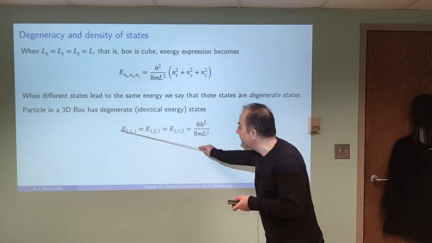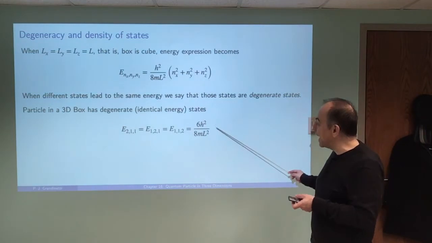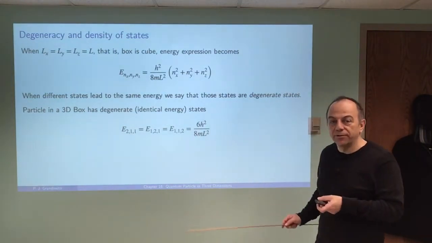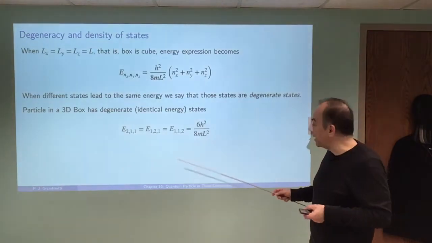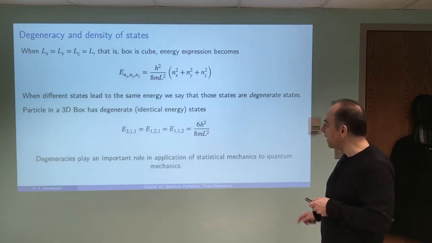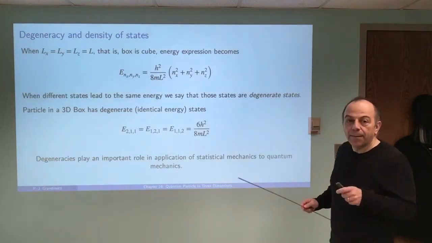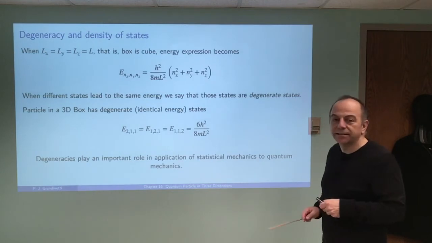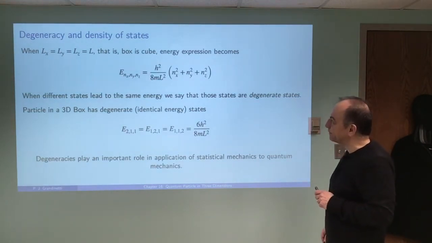So this is a set with a threefold degeneracy. Three different sets of nx, ny, and nz give me the exact same energy. These types of degeneracies will play a very important role when you get to the application of statistical mechanics to quantum mechanical systems.